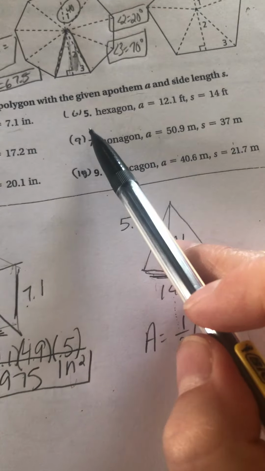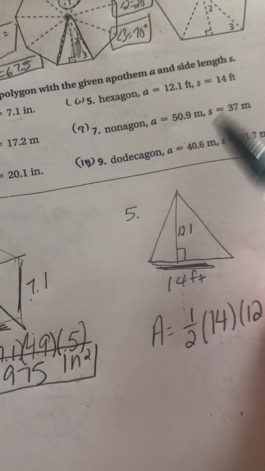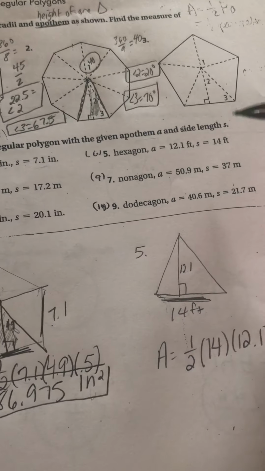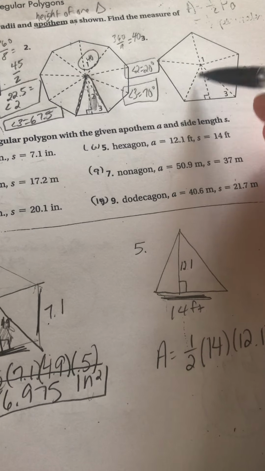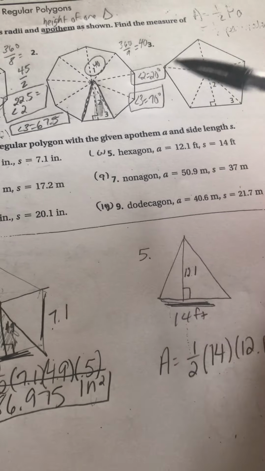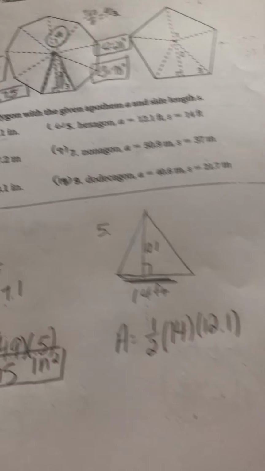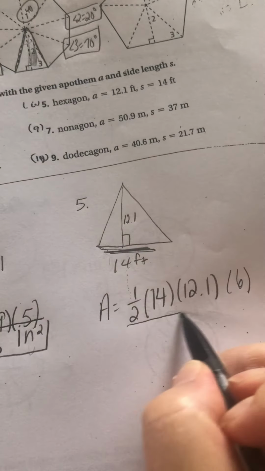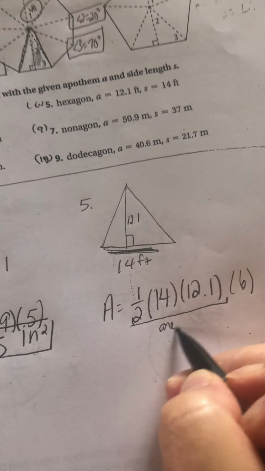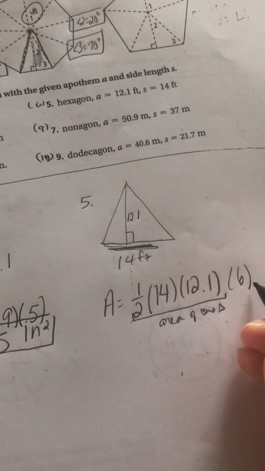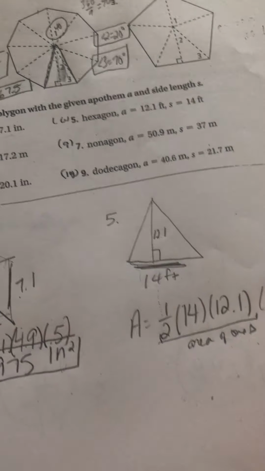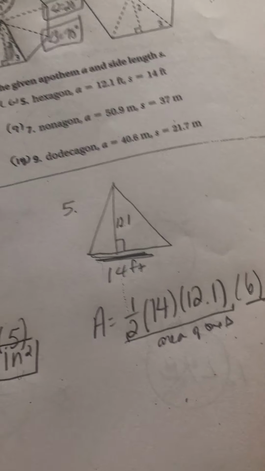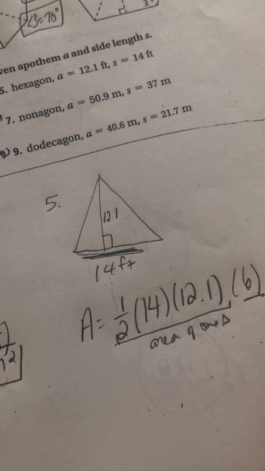A hexagon has 6 triangles, because the number of triangles is always the same as the number of sides. Like in the pentagon up here, we have 5 equal triangles. So we take 1/2 times 14 times 12.1 for the area of one triangle, and then times 6 because there are 6 of them.